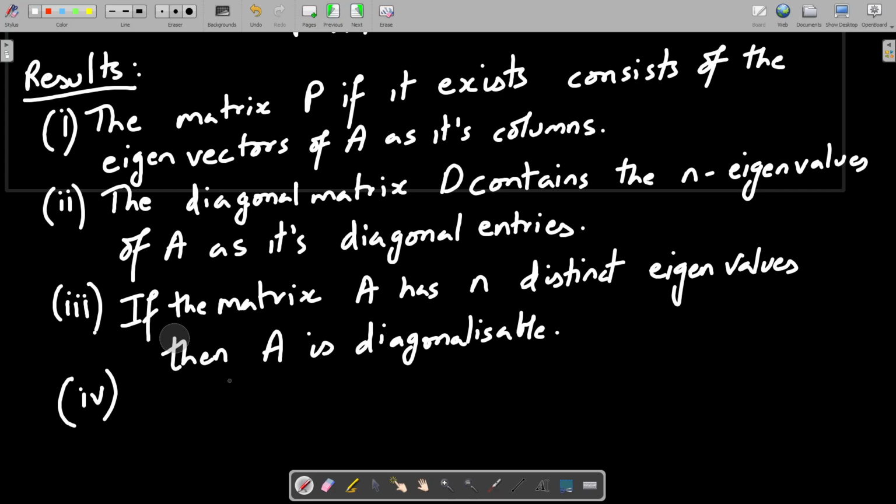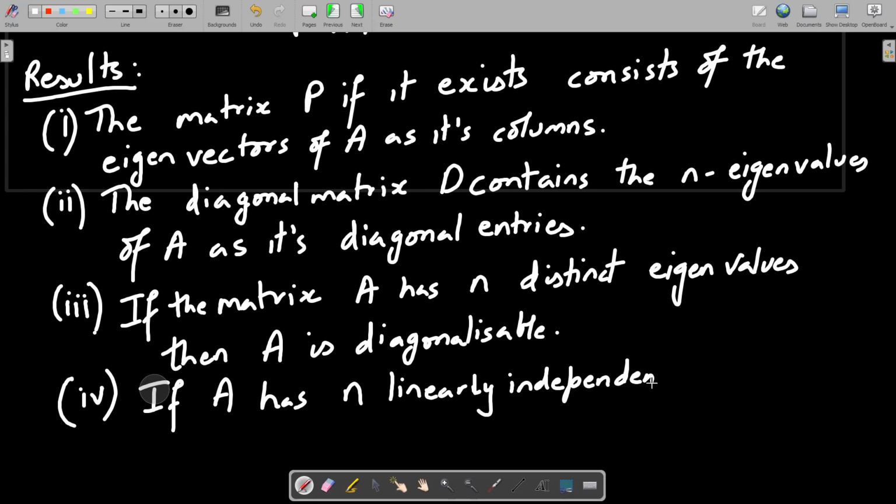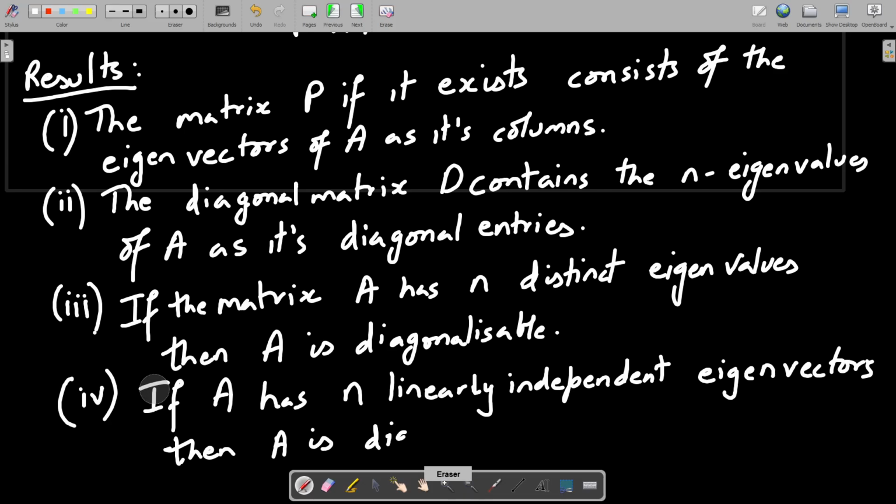The fourth one will be: if A has n linearly independent eigenvectors, then A is diagonalizable.